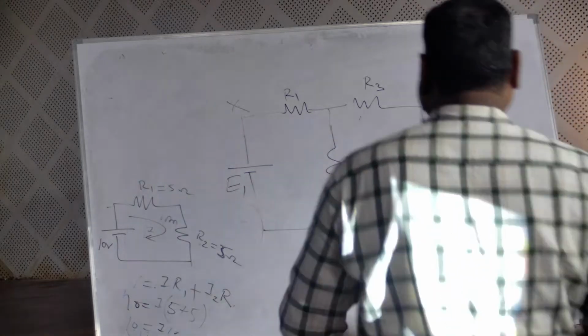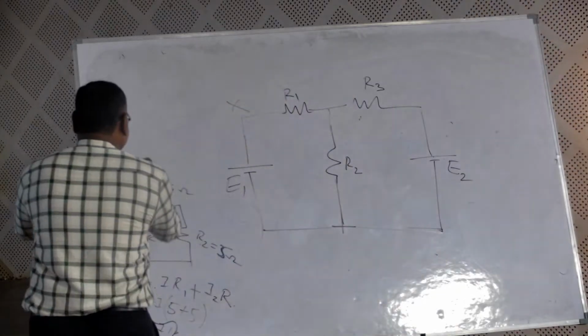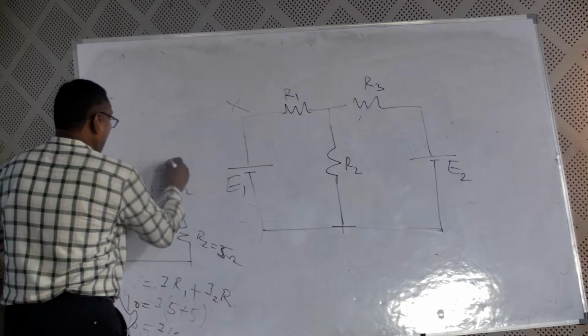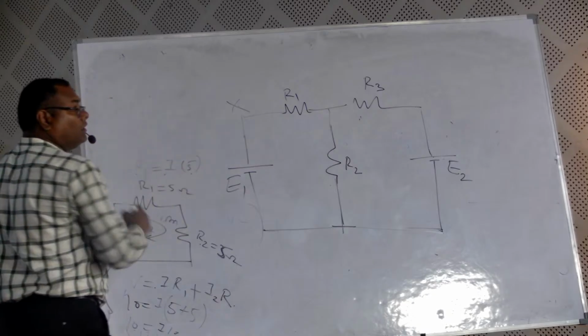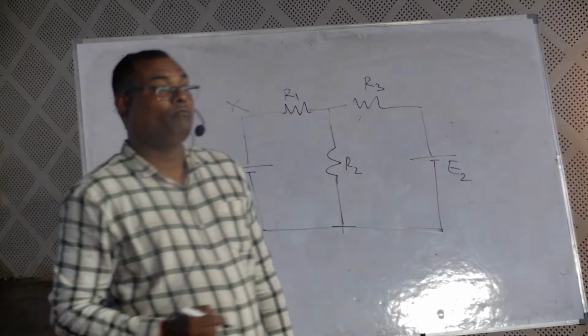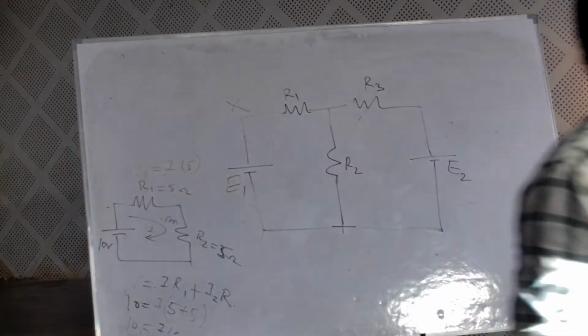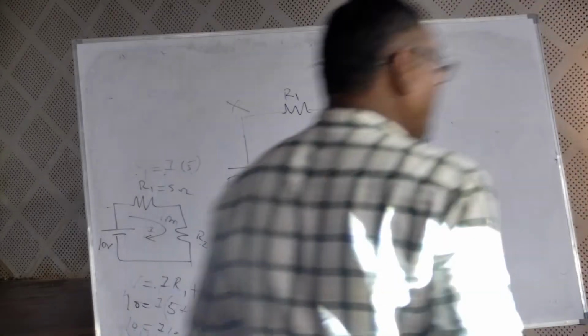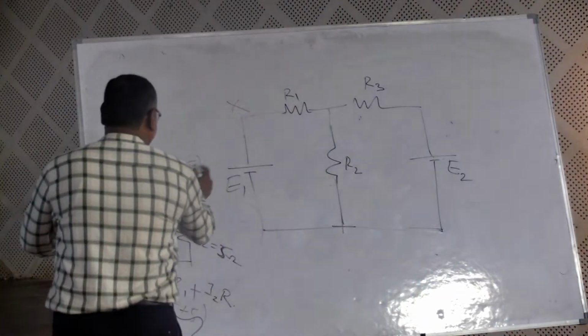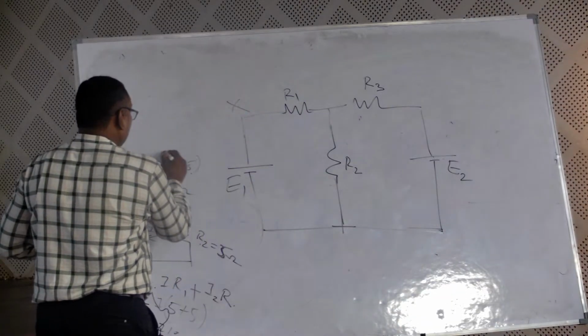Now substitute the value here. What is the voltage drop V1? V1 is equal to current into resistance, I1 into R1. V2 is equal to I2 into R2. Same thing, V1 is equal to I into 5, I is 1, so 1 into 5.